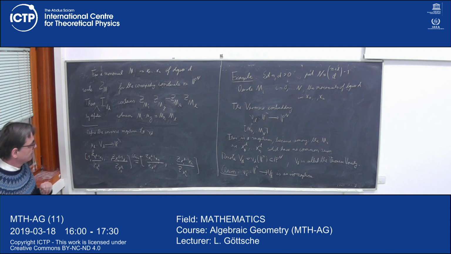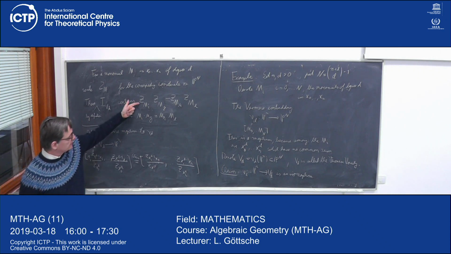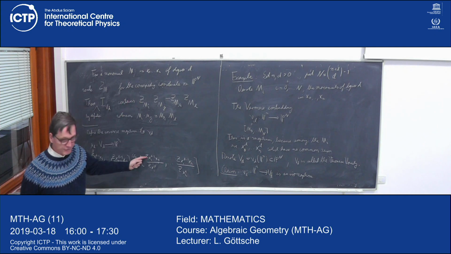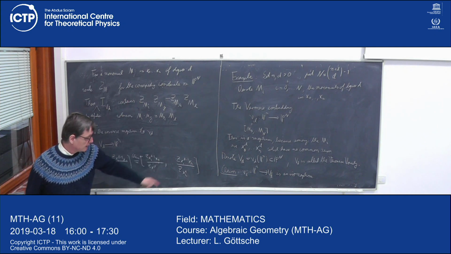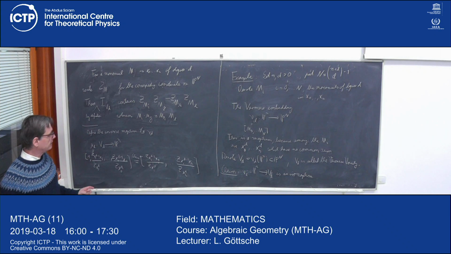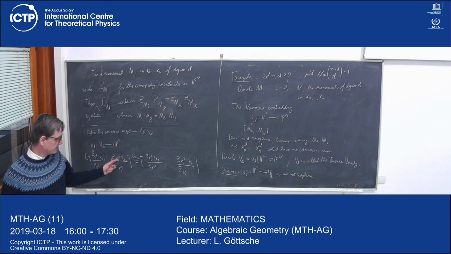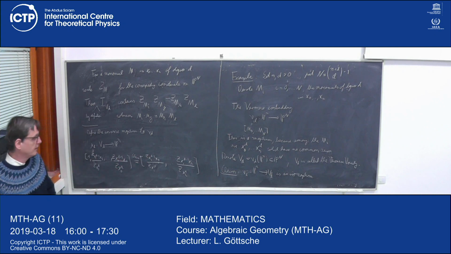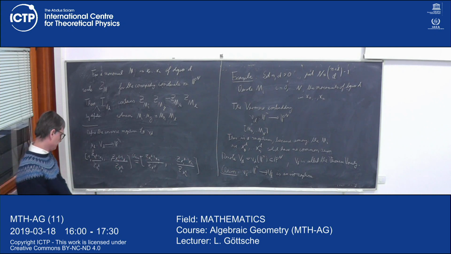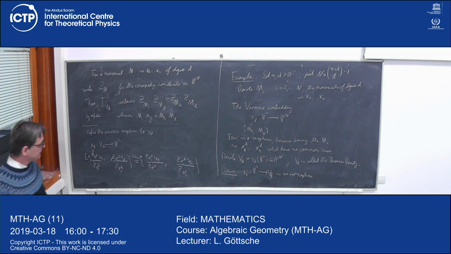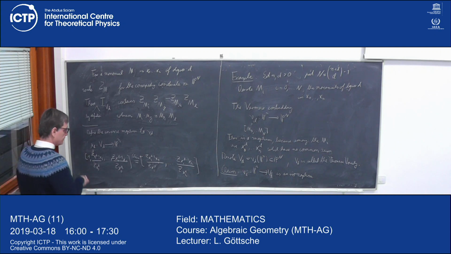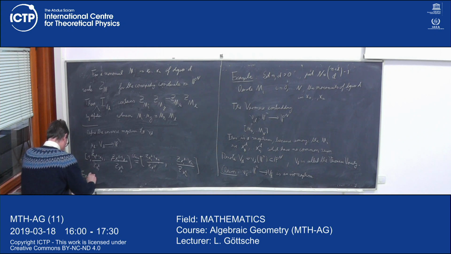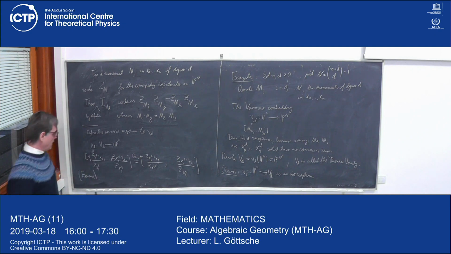So you can apply these relations to replace some of these zi's by some others, and then multiply by some rational function to show that they are the same, and then it follows. And so with this, this is the exercise.